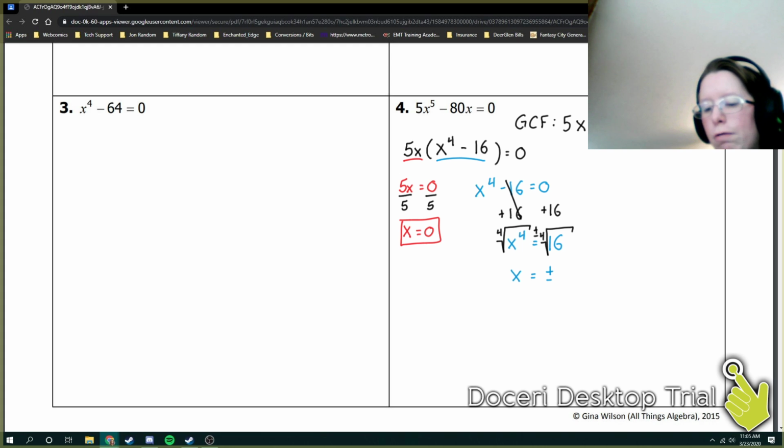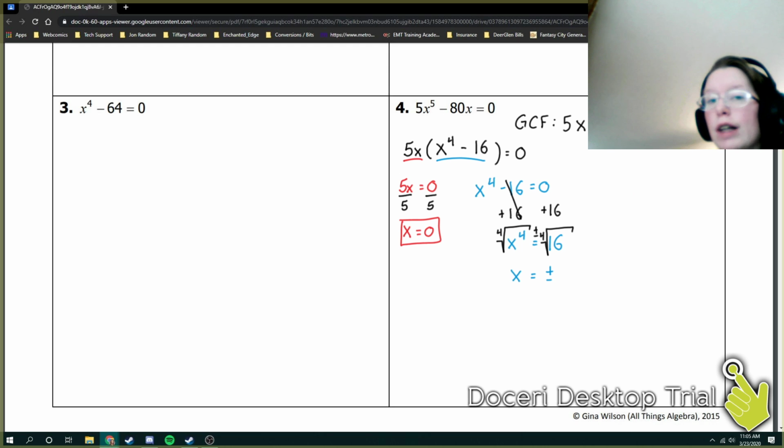So the 4th root of 16. Okay, so we're trying to think of a number that if we multiply it by itself 4 times gives us 16. That number happens to be 2.